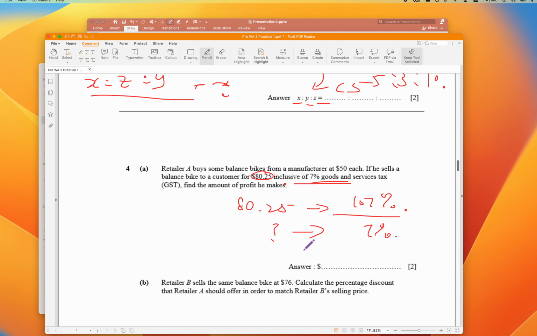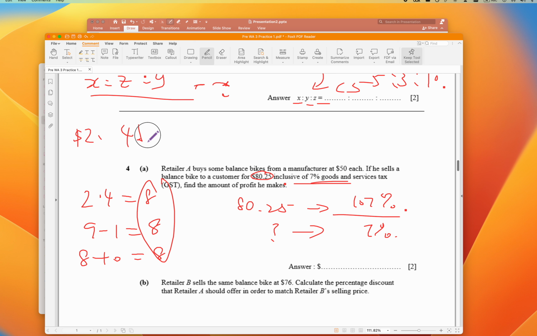I emphasize many times. 2 times 4 is 8. 9 minus 1 is also 8. 8 plus 0 is also 8. Answers are all 8. But there is only one way. Only one way is correct in this case. Okay? If I tell you 1 bun is $2, 4 buns how much?